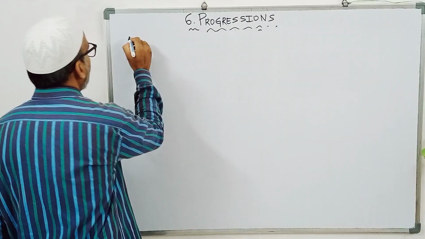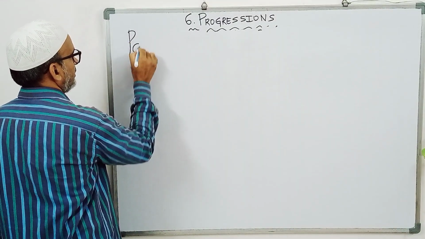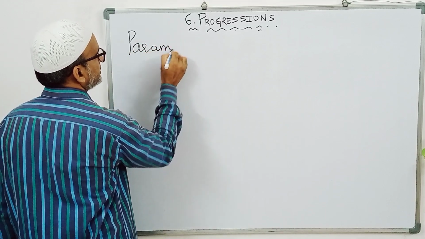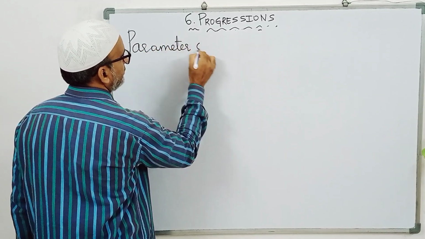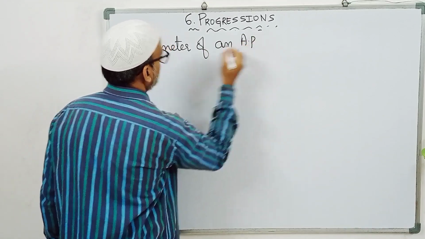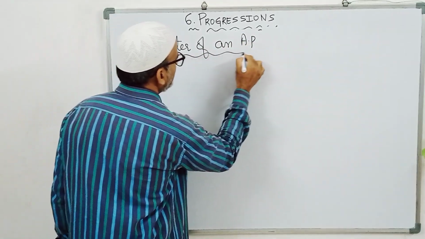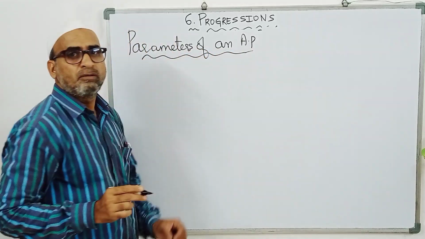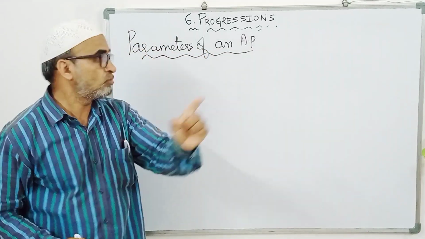Now, the parameters of an AP, arithmetic progression. What is the meaning of parameters? What are the requirements to find an AP?